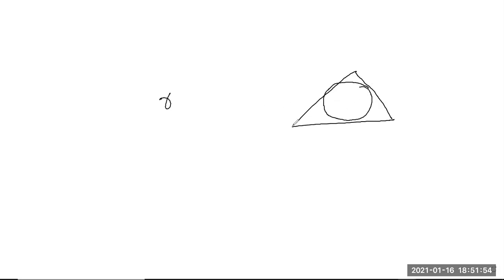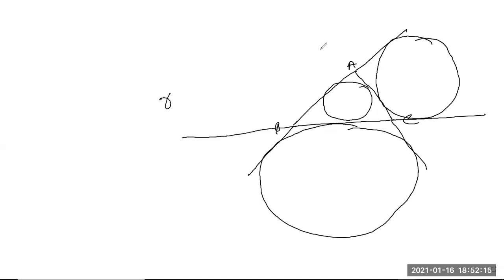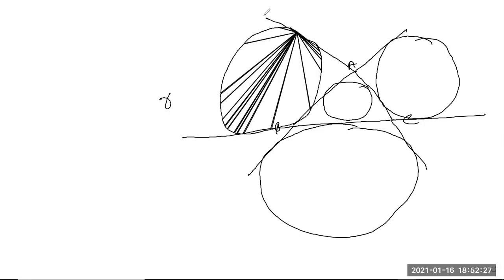If r is the inradius... these are excircles.